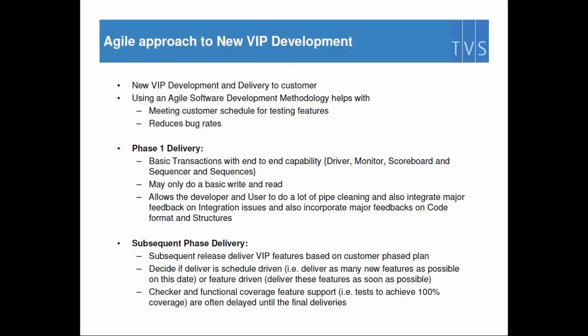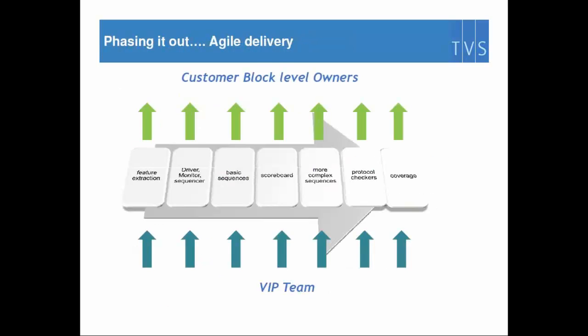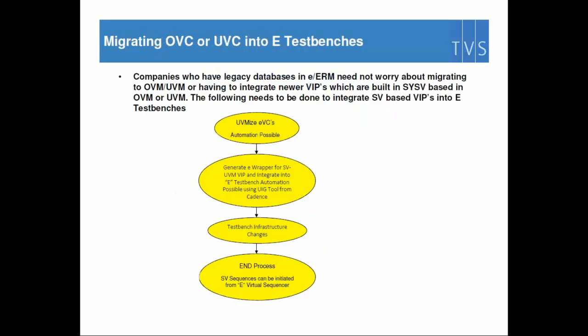Gradually, as and when those features are developed, as we see in this diagram, initially some basic sequences are there, then we will have scoreboards and more complex sequences. Then we can add protocol checkers and coverage to it. Then we can talk about migrating OVC or UVC into eTest benches.